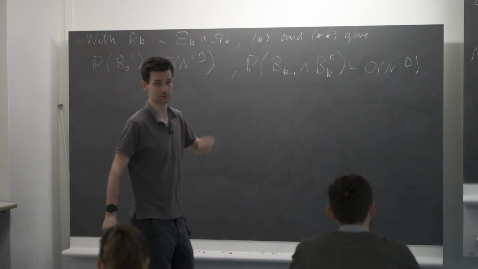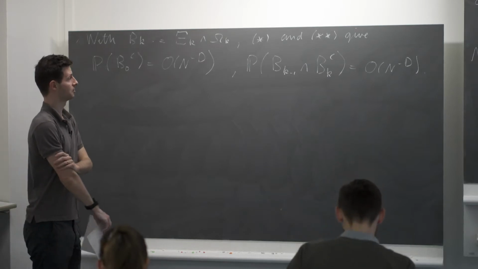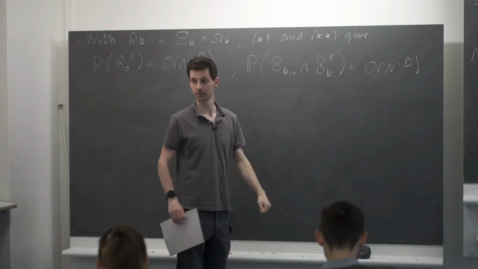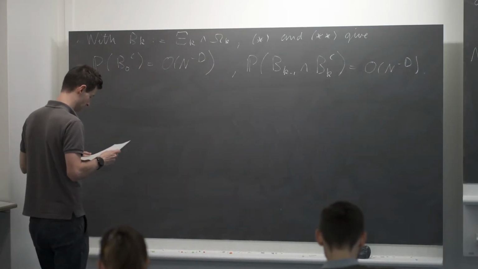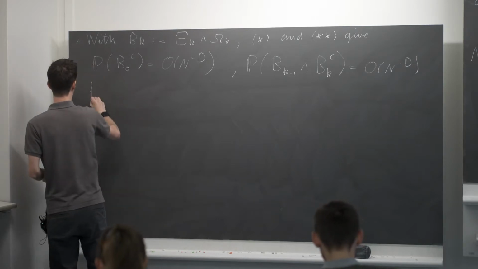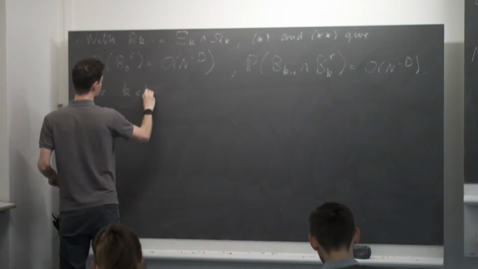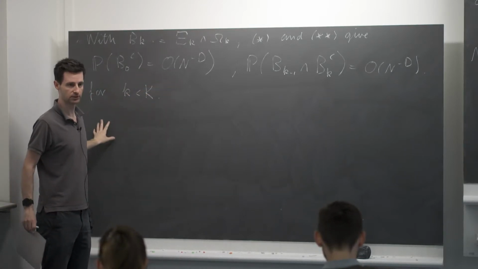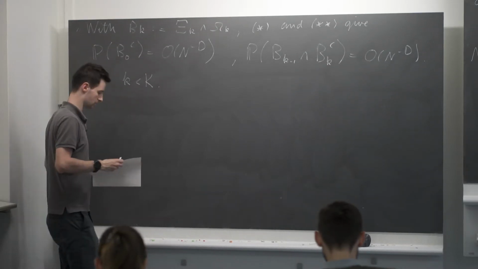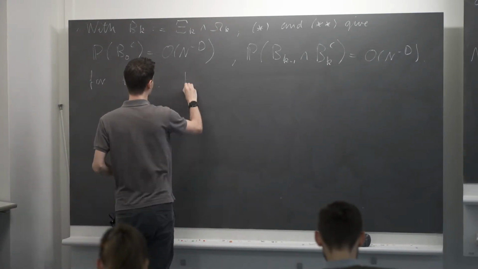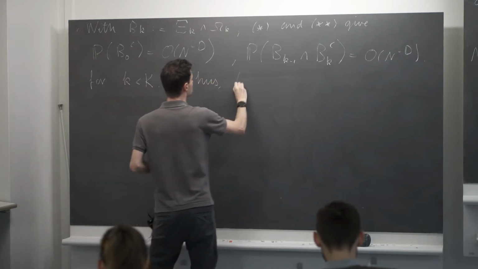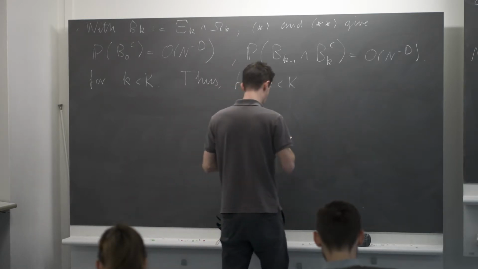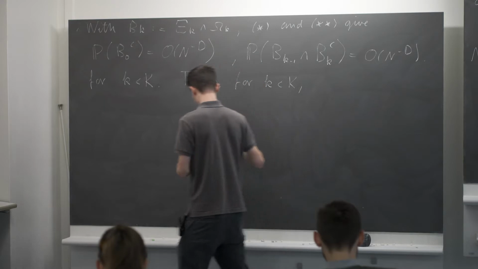You can do some gymnastics with Boolean algebra, that on the event bk minus 1, the event bk holds with very high probability. Okay, so this is a slightly shorter way of writing it. So this is for all k, remember we are in case 1. That was very important in this step that was on this board previously. We crucially used the fact that we are in case 1. So k has to be strictly less than capital K, and therefore, if k is less than capital K, we can perform an induction as follows.